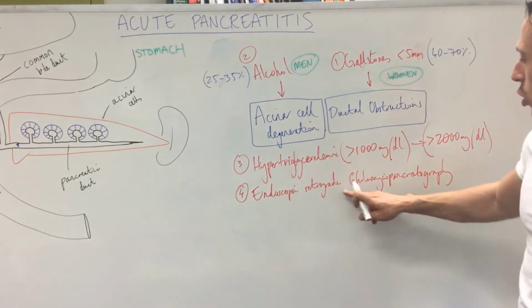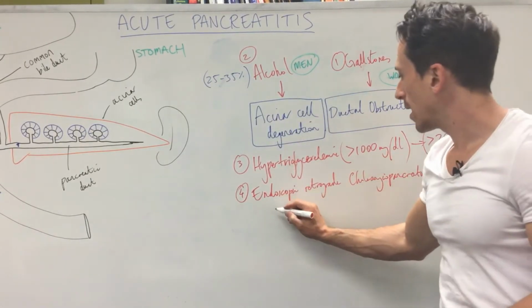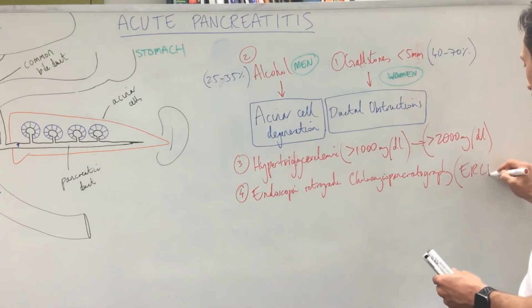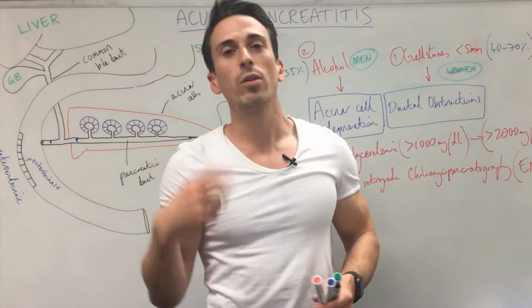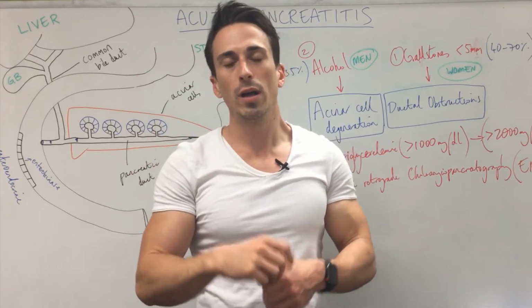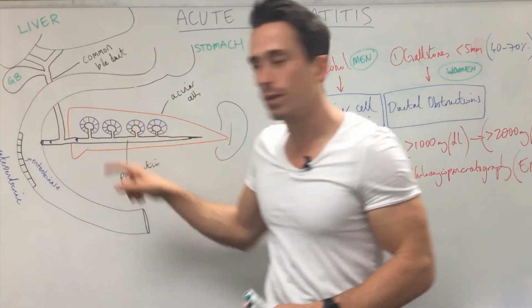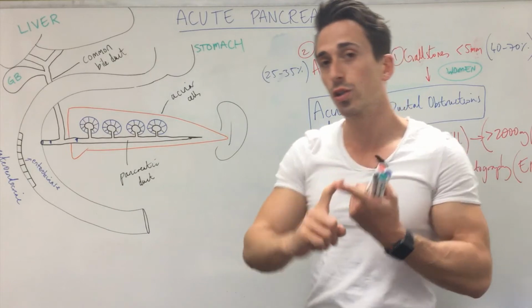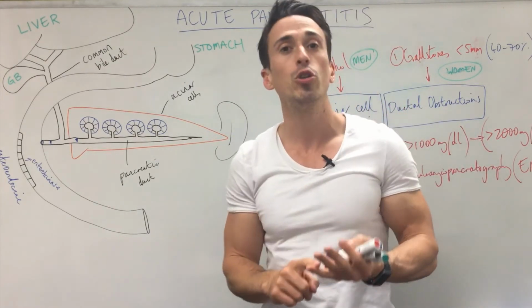What is this, ERCP? Well, basically, it's putting an endoscope down with a radioactive dye or a labeled dye, and what you can do is view the ducts of this system. Why would you want to view these ducts? Well, you can have a look for gallstones, you can have a look for strictures or scarring, you could have a look for cancers or tumours.